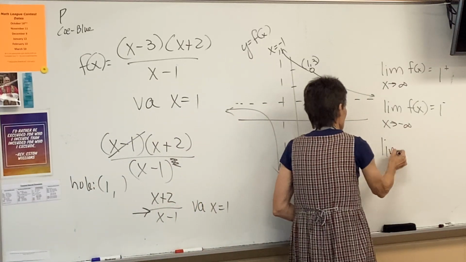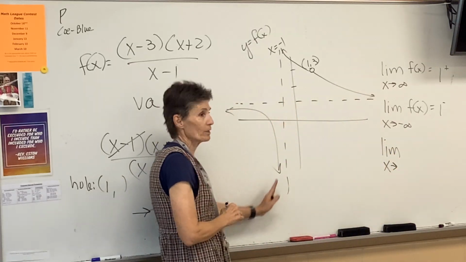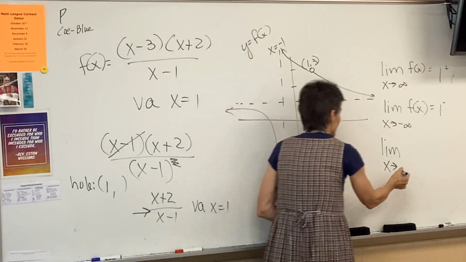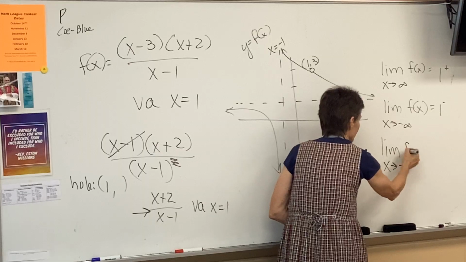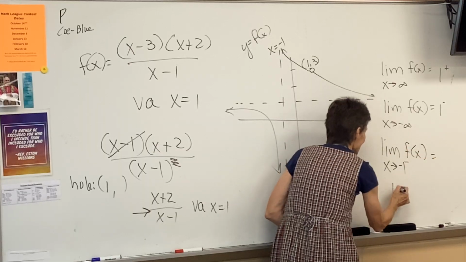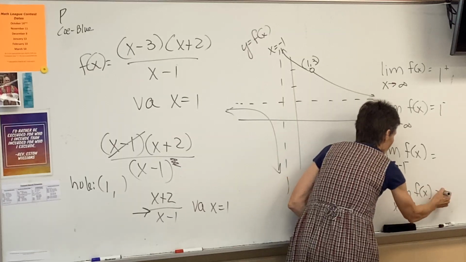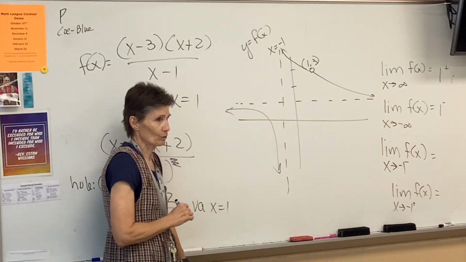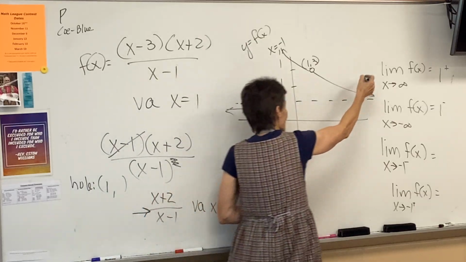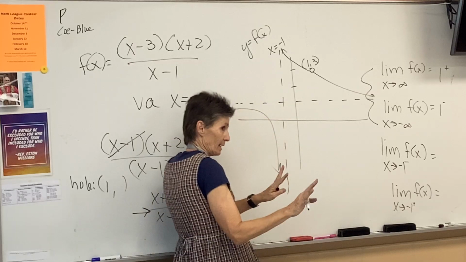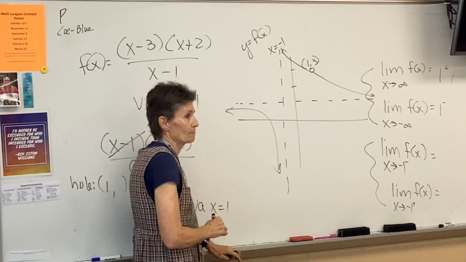Now you also have to be comfortable with the limits as you're approaching your vertical asymptote. So as we are approaching -1 from the left and -1 from the right, what is happening to my curve? So here's -1. These are my end behaviors. That's my horizontal asymptote. These are what's happening around my vertical asymptotes.